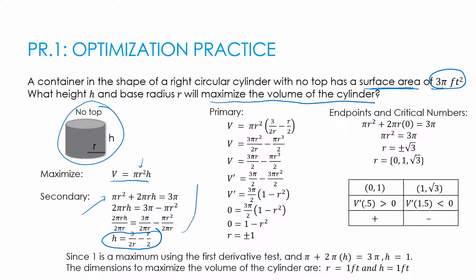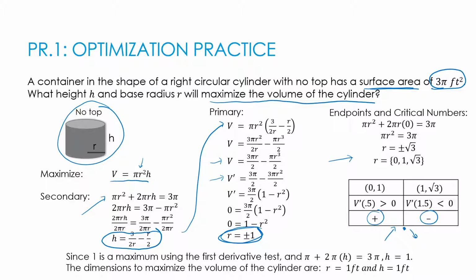And then I plugged that back into my primary to find my reduced primary equation, my derivative, and therefore my critical values. I then found a feasible domain, which was 0 up to radical 3, based on the information given in the problem. And again, found increasing to decreasing, which means I had a maximum at 1.